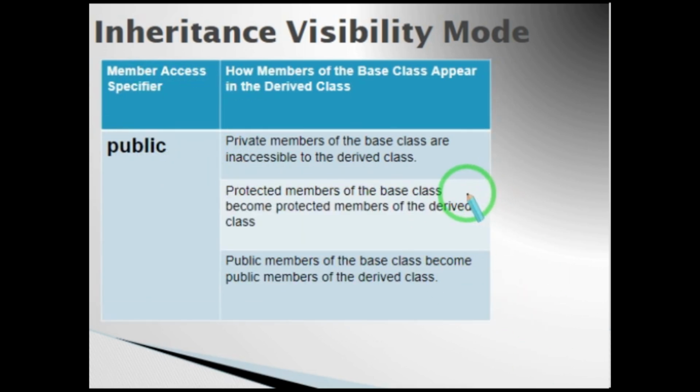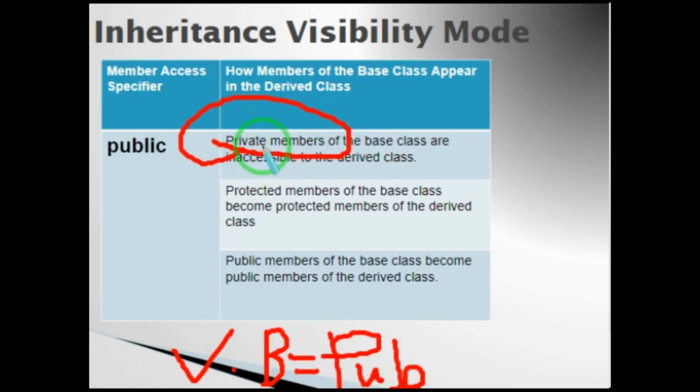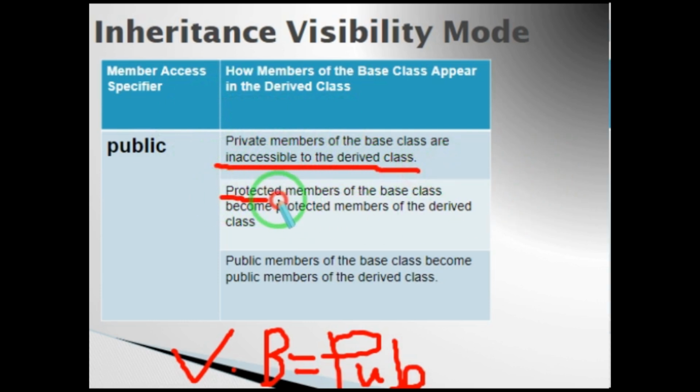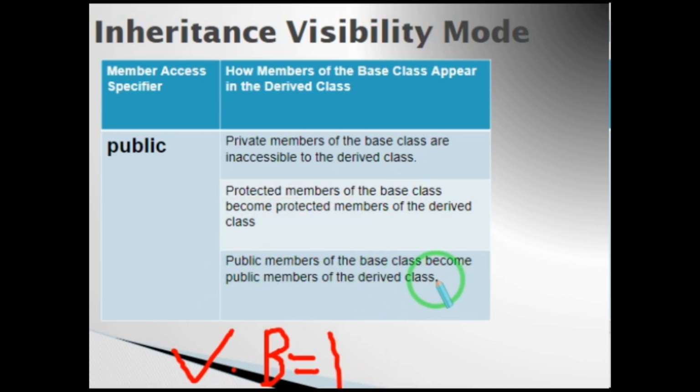Okay, now we are going to discuss public. Similarly, if I use a visibility mode as public, again the private data member of the base class is inaccessible in a derived class. The protected member of a base class remains a protected member of the derived class. The public member of the base class remains public in a derived class.